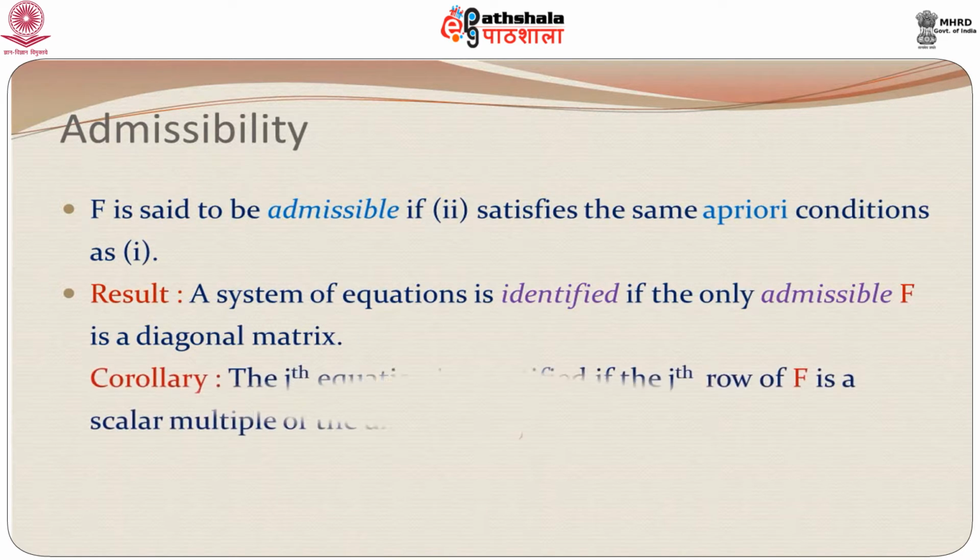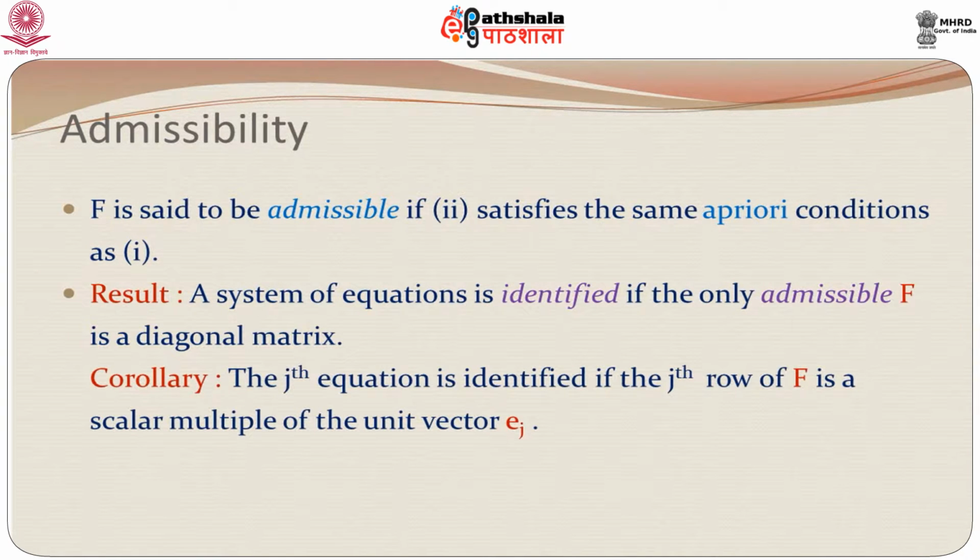So, multiplying A by a diagonal matrix, what does it mean for the jth equation or for the jth row? It means that the jth row becomes a scalar multiple of the unit vector. So, if the jth row of F is a scalar multiple of the unit vector, we say that the jth equation is identified. If it happens for all the rows, then obviously all the equations would be identified, and we will say that the system is identified, and it will actually turn out that F is a diagonal matrix.